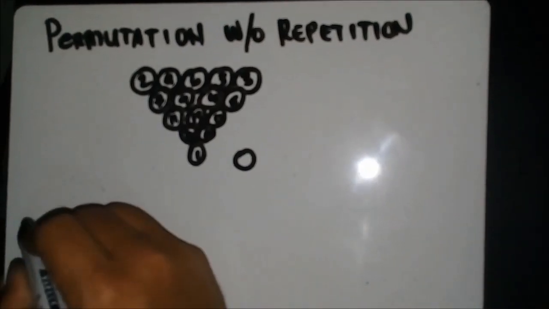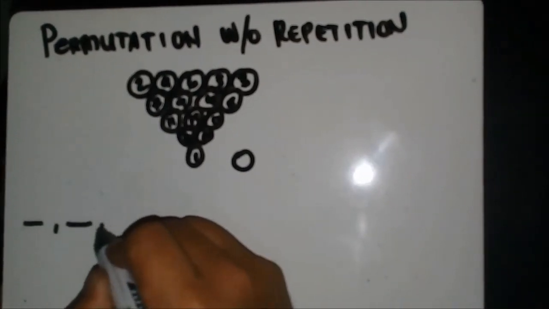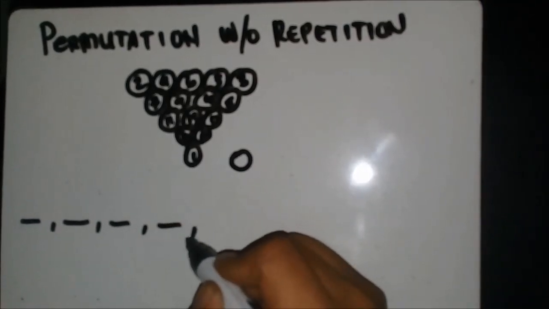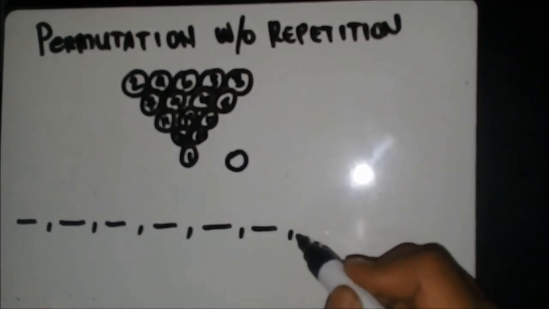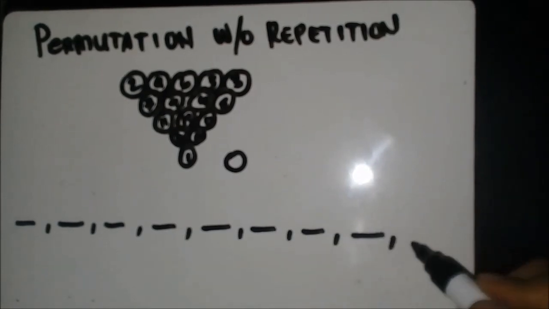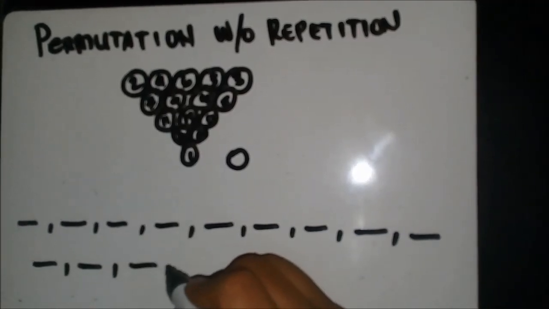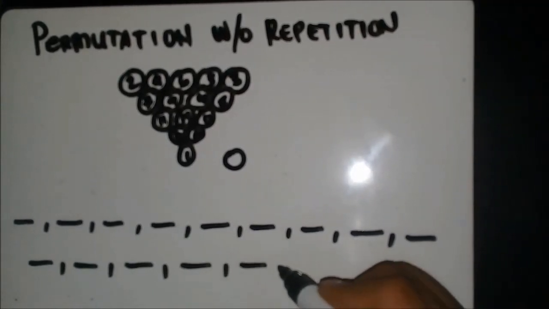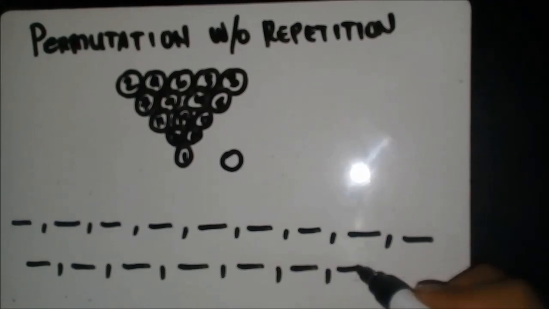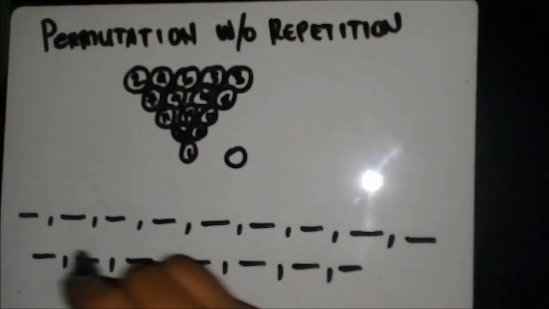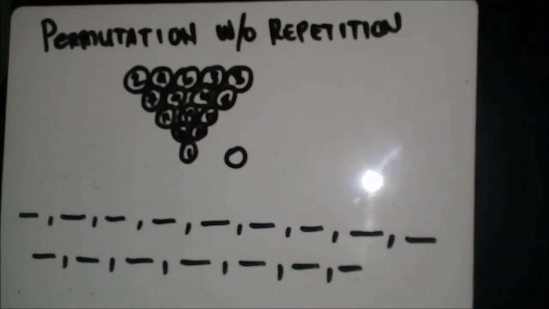Let us try to have 1, 2, 3, 4, 5, 6, 7, 8, 9, 10, 11, 12, 13, 14, 15, and 16. For example, this is a rack of 16, and these are the balls that we are going to choose from, including the mother ball or the white ball.